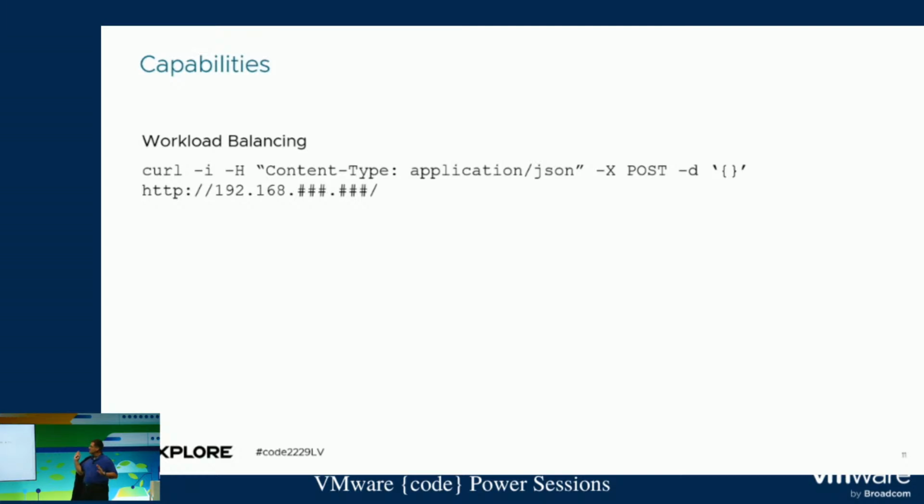So, workload balancing. It was going to be real simple. You pass it a JSON file or a JSON string with your parameters in it.